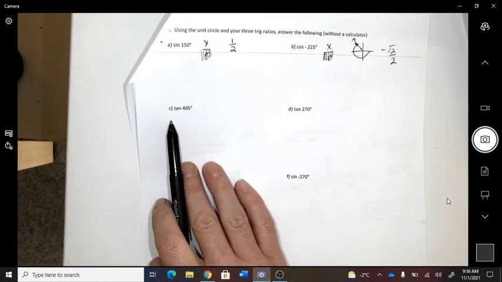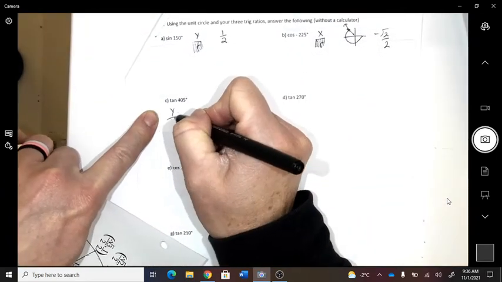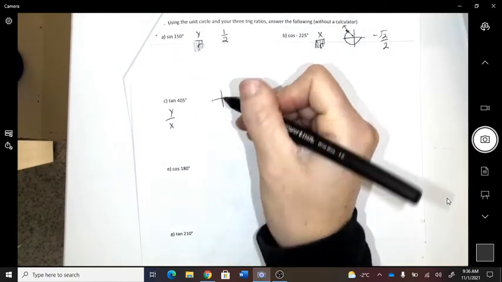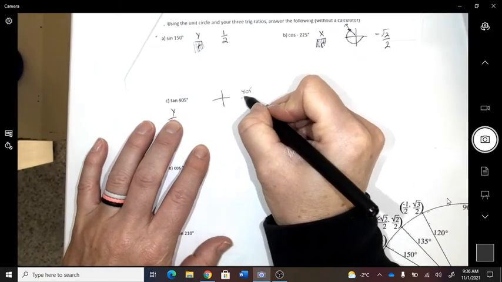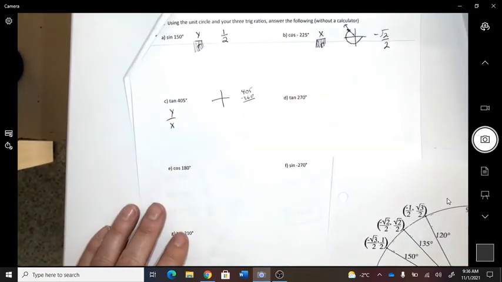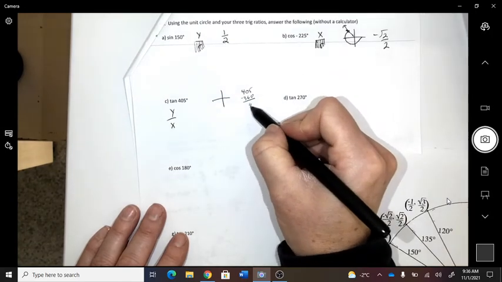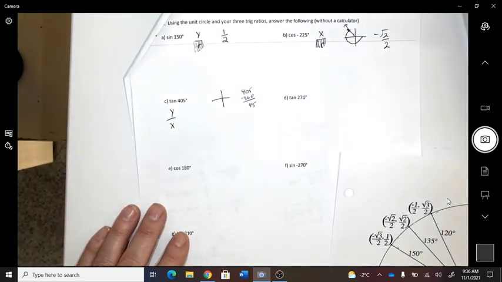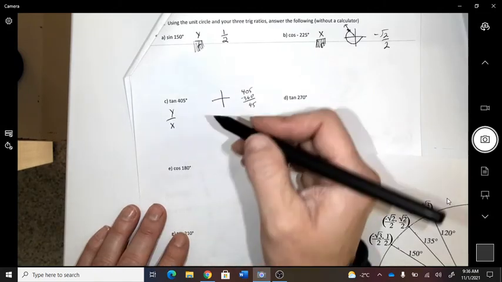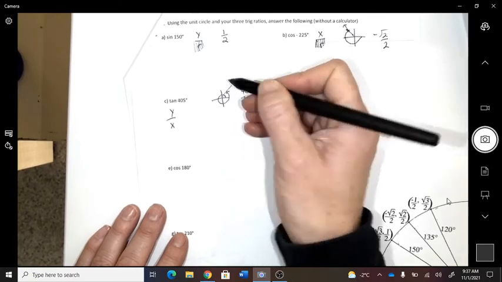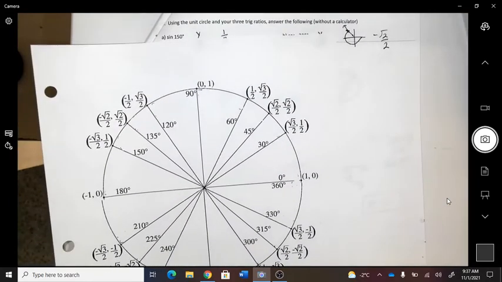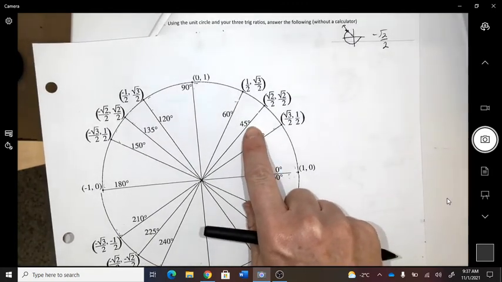Okay, tan. So that's a y divided by an x. Okay, 405. Where are you landing here? We're going to go a full circle plus 45 more. So on your circle, you're landing at the 45-degree angle.